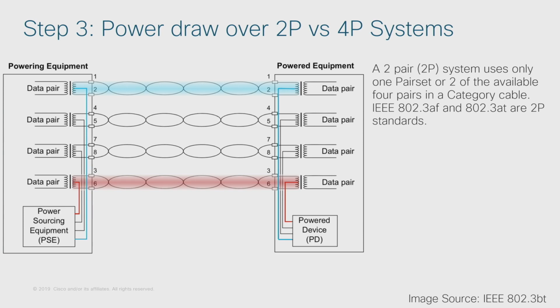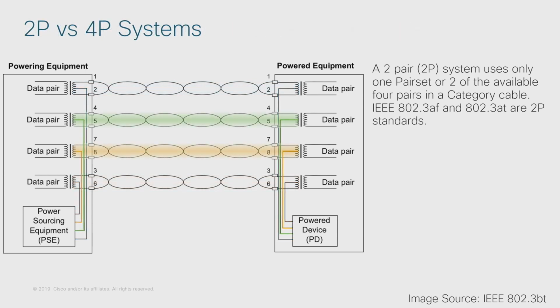Now, in order to increase the power drawn over the same category 5 cable, 4 pairs started to be used from the UPOE times onward. So Cisco UPOE and 802.3bt use both pair sets to be able to drive up to 90 watts of power.